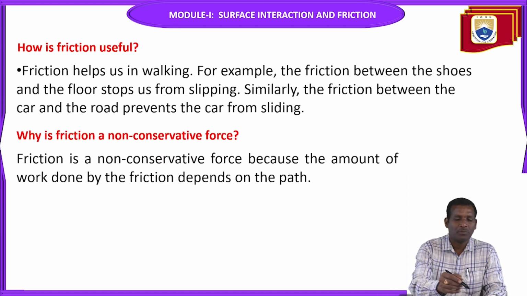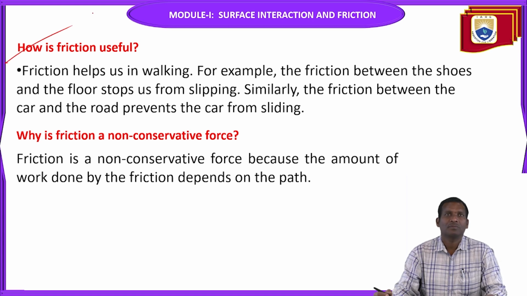Next one: how is friction useful? The friction helps us in walking. For example, the friction between the shoes and the floor stops us from slipping. The friction between the car and the road prevents the car from sliding. So there is friction between the road and the car tyre.